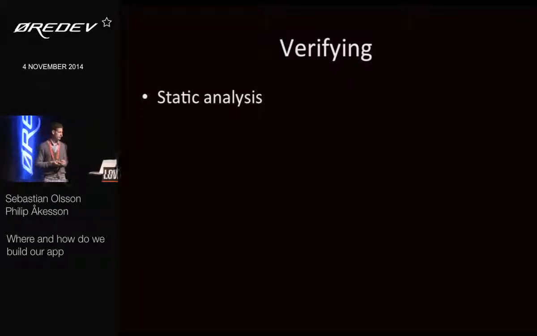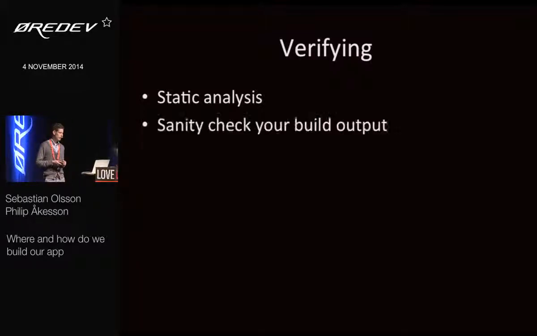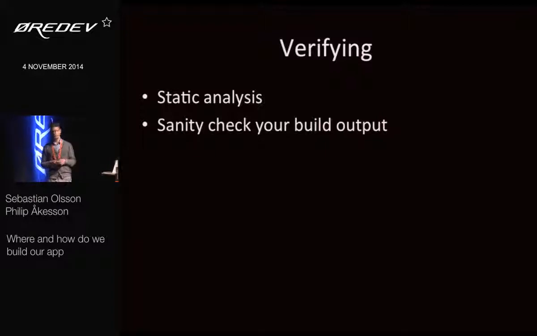Depends on which language you're using. And you could use some basic sanity checks on your build output. For example, check the size of your output binaries. If they suddenly triple in size, something's probably up. And if you're using a separate build step to maybe add obfuscation to a binary, check the output to make sure that this obfuscation really applied.